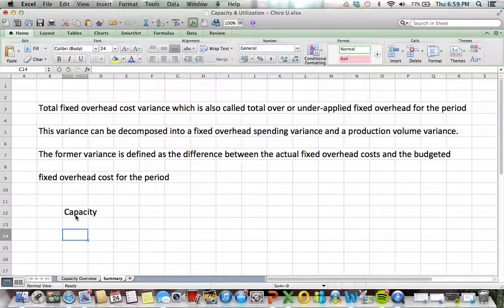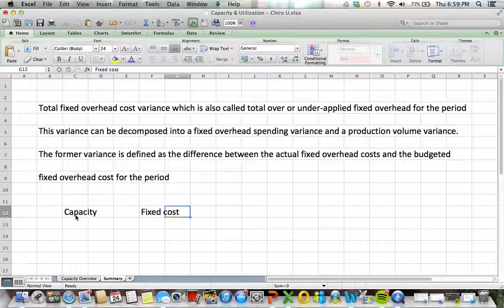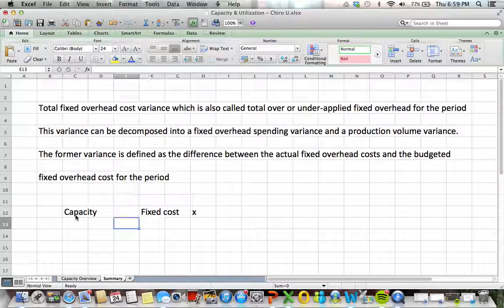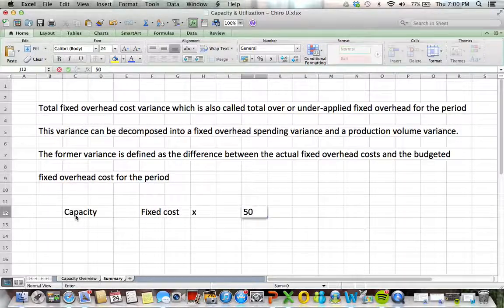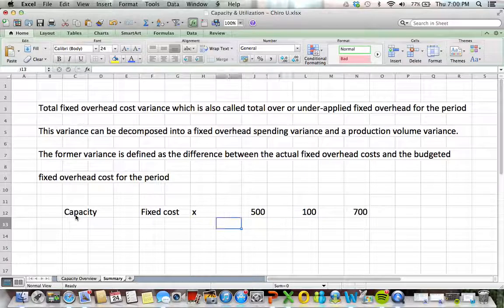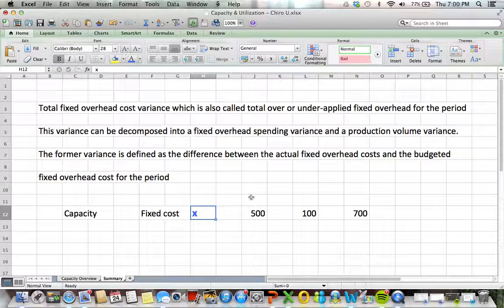So what we're trying to get to is this idea of capacity. And we're trying to say if a business has a certain amount of fixed cost, which is X, right? And that's going to be rent, utilities, insurance, whatever. And say you can produce up to 500 units. But say you're producing either 100 units or 700 units. So we're saying, listen, your capacity is X, right?